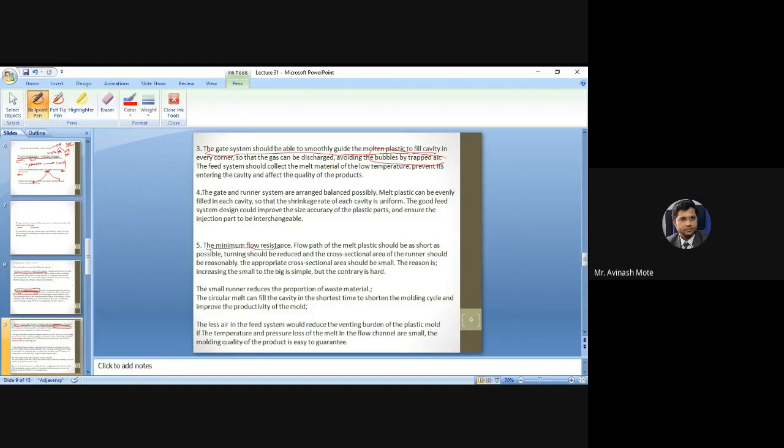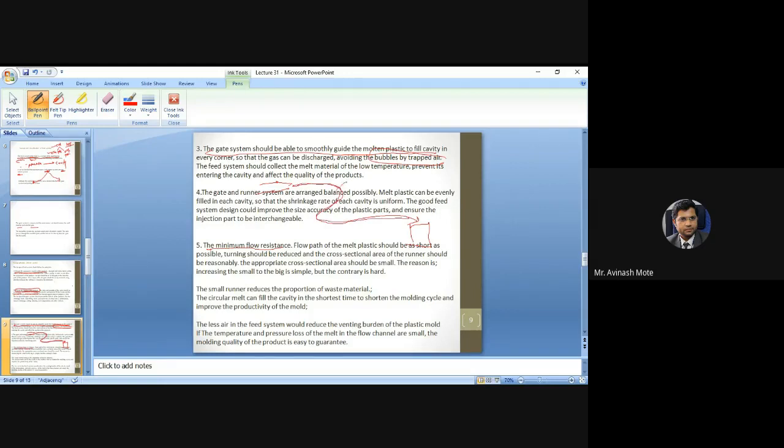Minimum flow resistance. The product is here and the material from the nozzle is here. Suppose the nozzle is here and the material is taking this much long path to pass to the product or mold cavity. What will happen while it is traveling through these much longer runners and sprues?